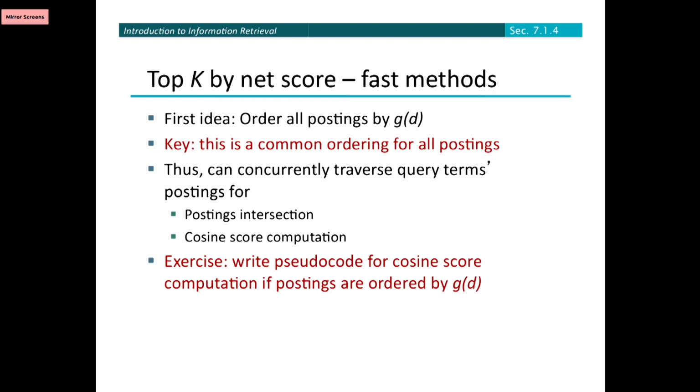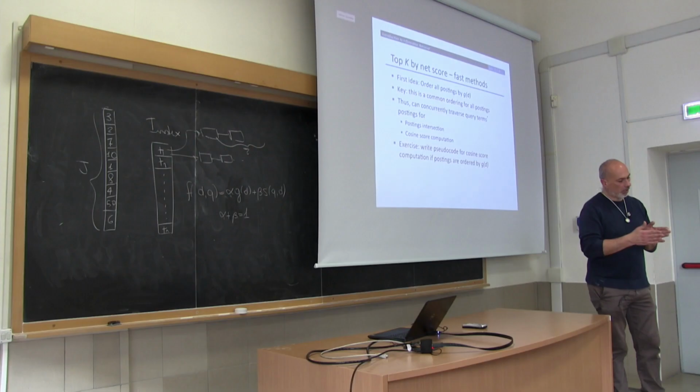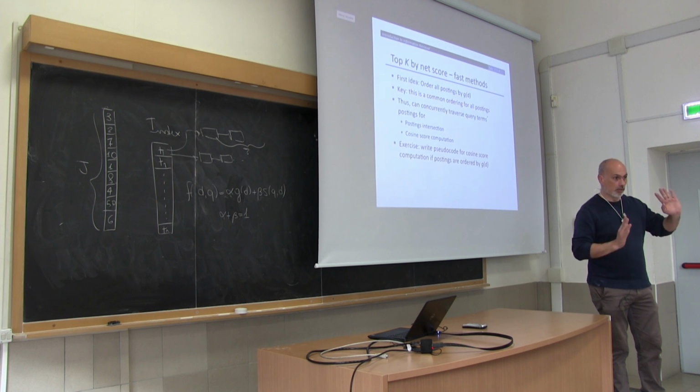You can do even more. Look, since in the end I had to compute cosine similarities and then sum them with the static score, I had to sort the documents. When you apply the merge algorithm, it is important that all the documents are sorted in a common way.